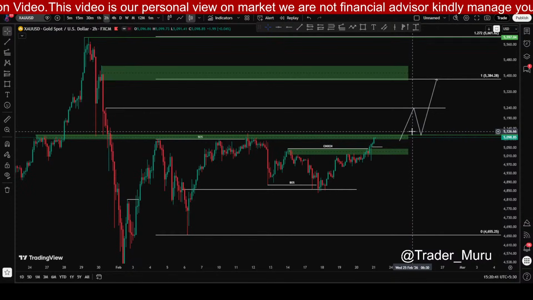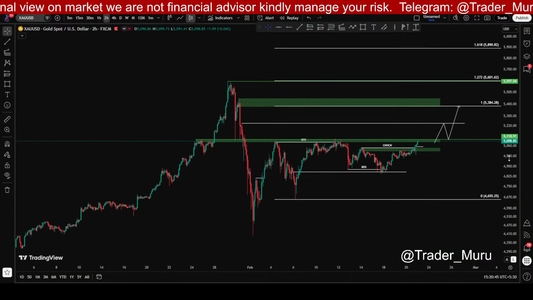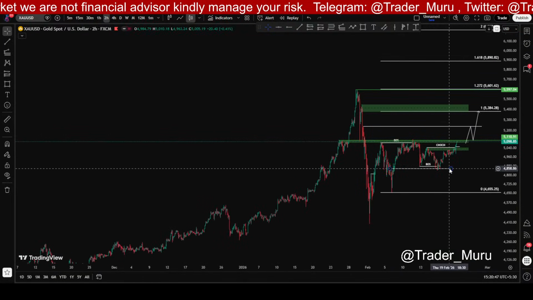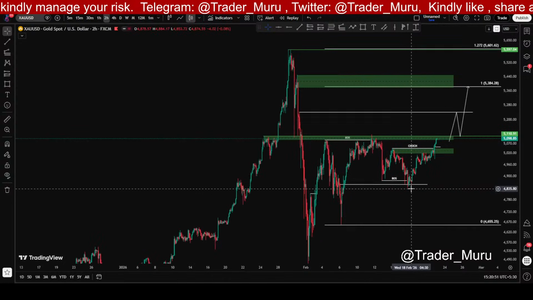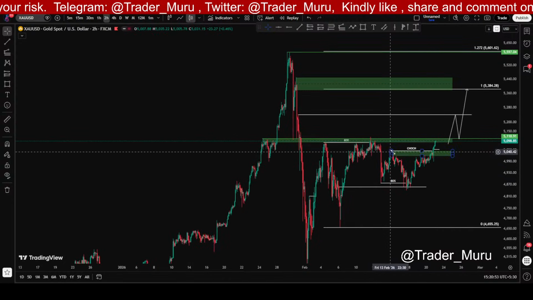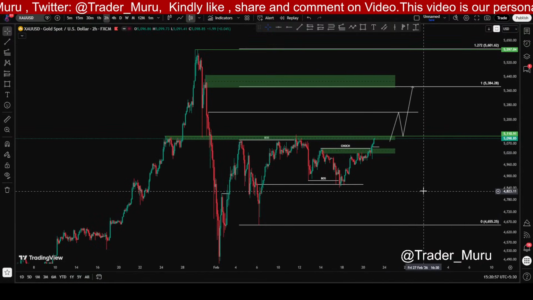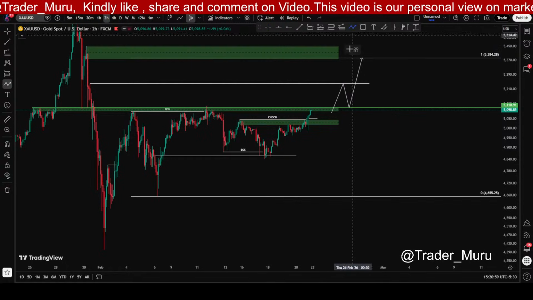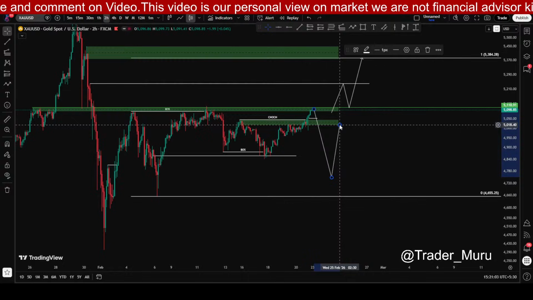So there is no way that gold is going to 3000. Currently, we can't expect it to drop below this low, because there is a breakout structure here. If it wants to go downside, it should break this zone and retest here.